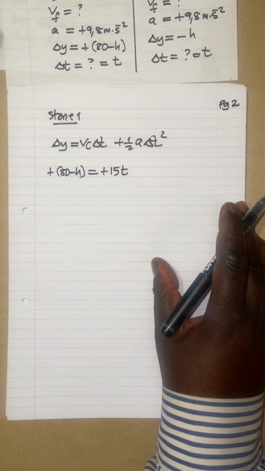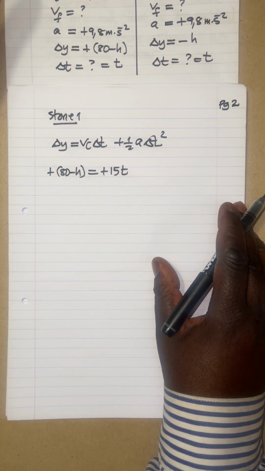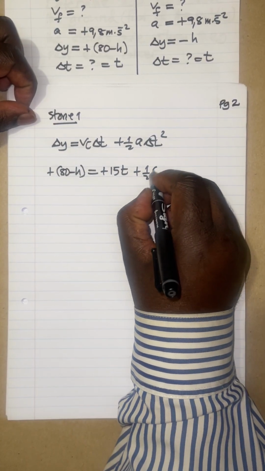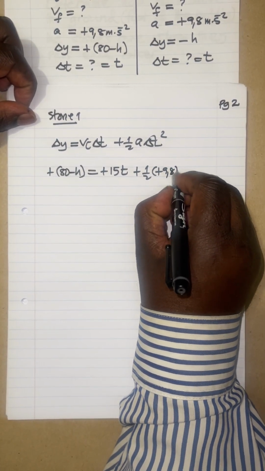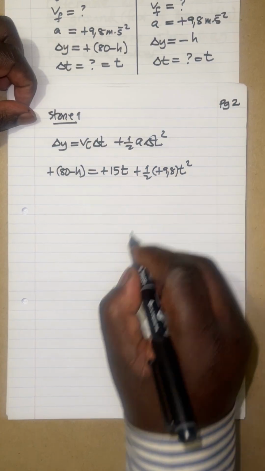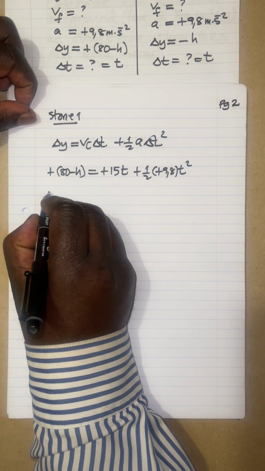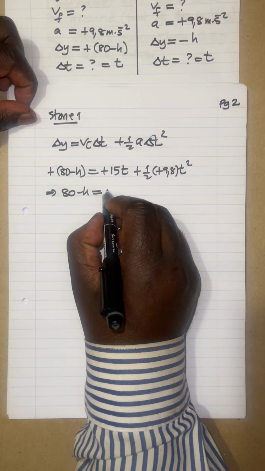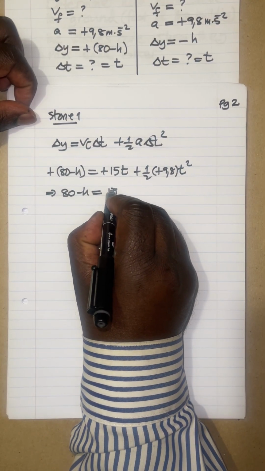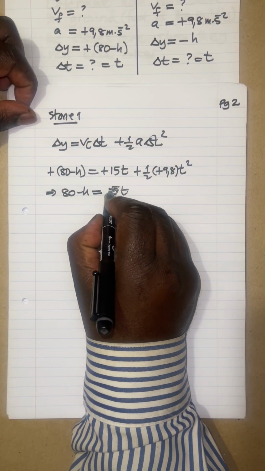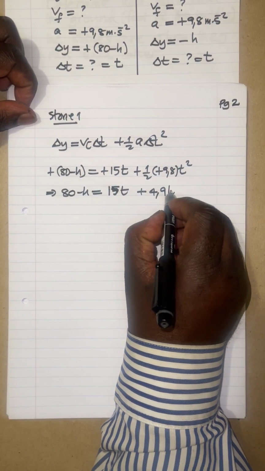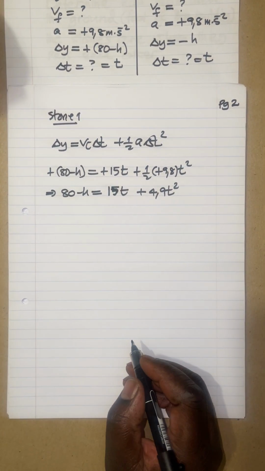All right, now let's move on. Do we know acceleration? Yes, positive 9.8. Delta t squared changes to small letter t squared. So this is 80 minus h is equal to 15t plus 4.9 t squared, if you simplify that part.